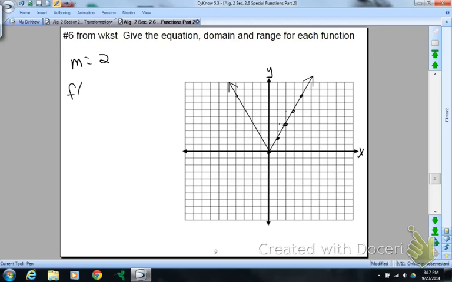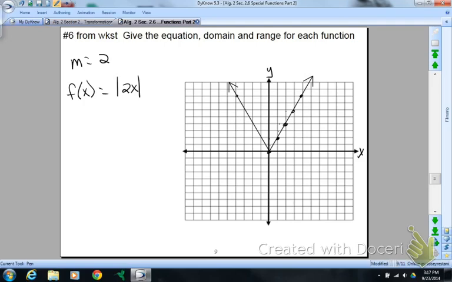Now I know the equation is f of x is equal to absolute value of x, but what goes in front of x? The 2x. We did not slide it up or down or right or left, so there's nothing to add to it.